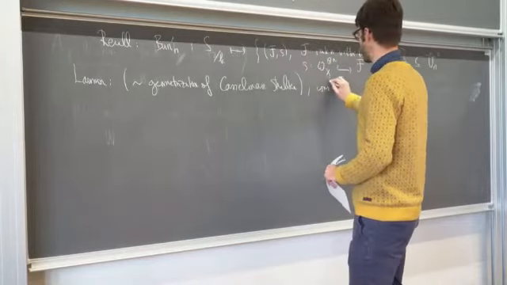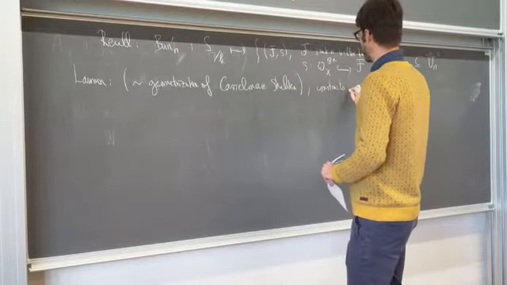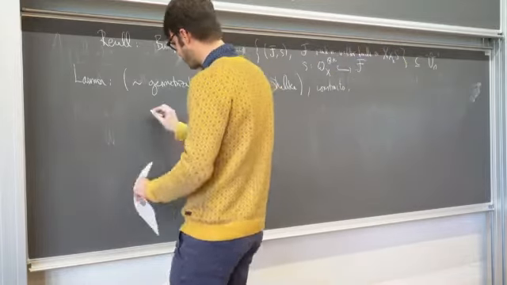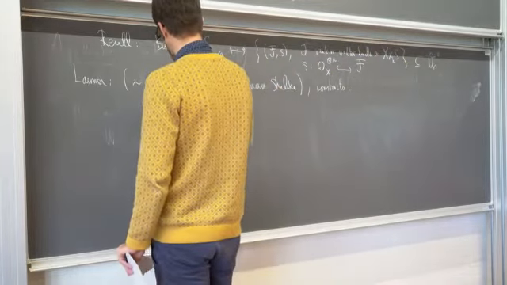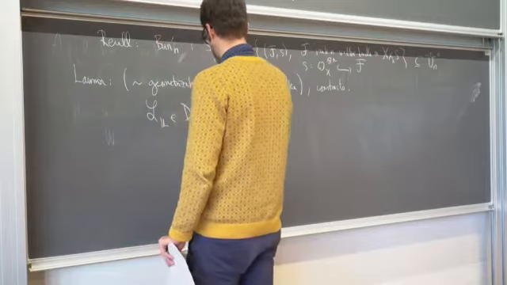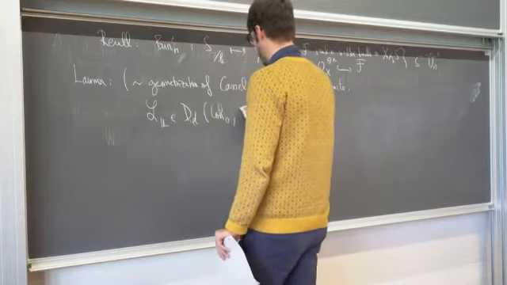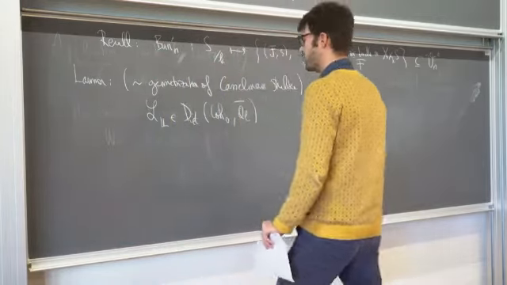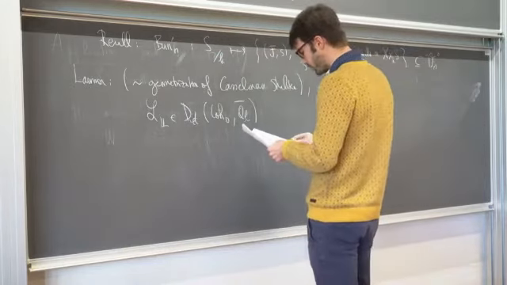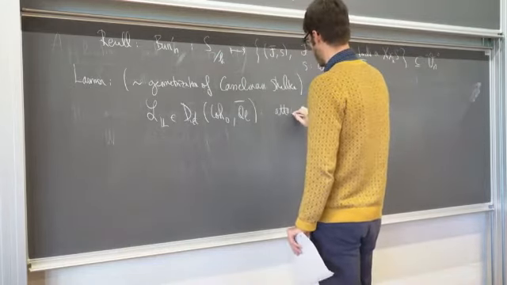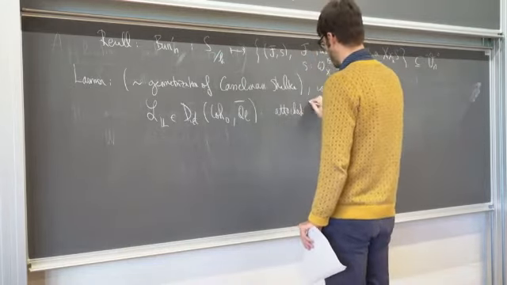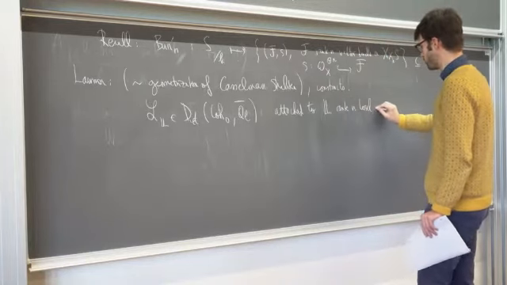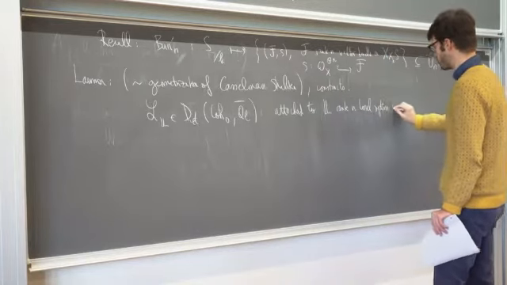And geometrizing this, Laumon constructs certain constructible sheaves attached to L, which is a rank n local system on the curve corresponding to sigma.